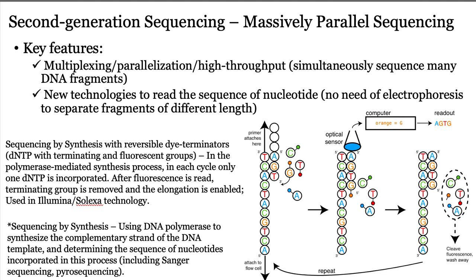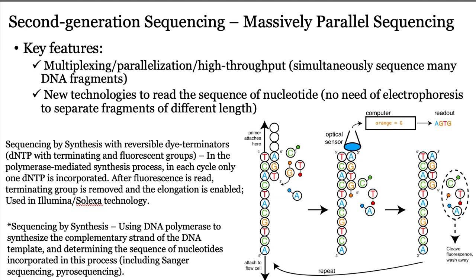Once it's incorporated, you can no longer elongate that DNA. For this specific technology, once you incorporate it, you can read the signal, and once that signal is read, you can remove the terminating group so that you can restart the process again. So it's a reversible terminator, and this reversible terminator ensures that each time only one dNTP is incorporated. This is the technology used in the Illumina Solexa machine.